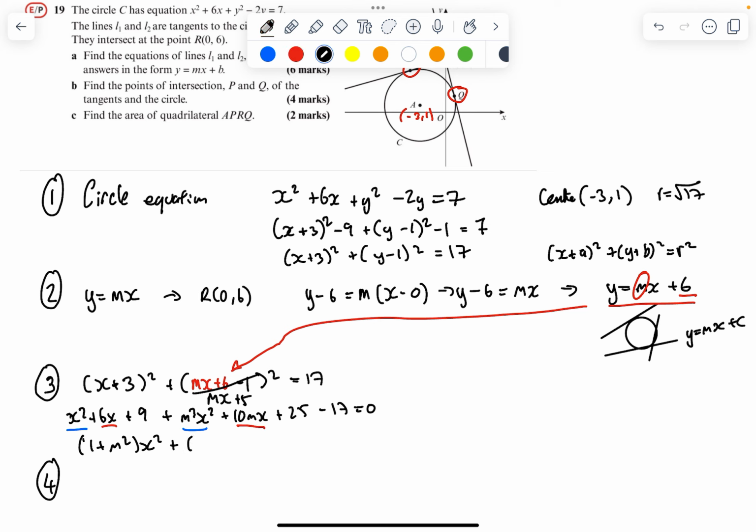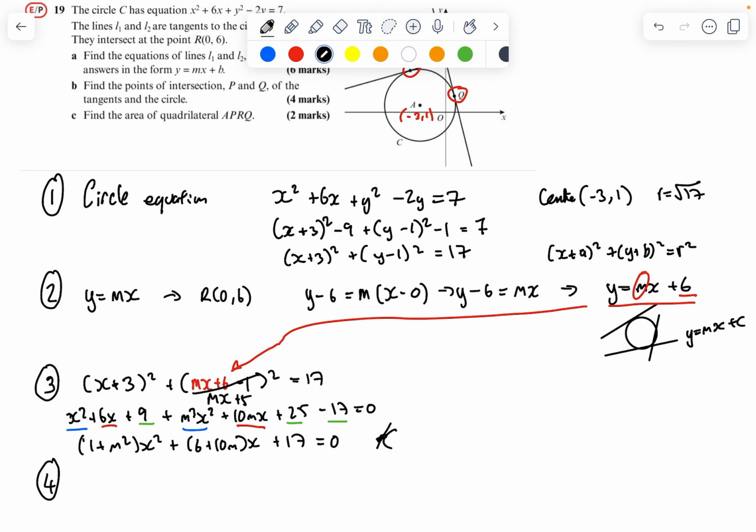So that means I've got 6 plus 10m times x. And then I've got 9, 25 minus 17. So if I put those together, that means that I've got 34, take away 17, which is 17 equals 0. So now I've got an equation for the point where the circle meets the tangent.